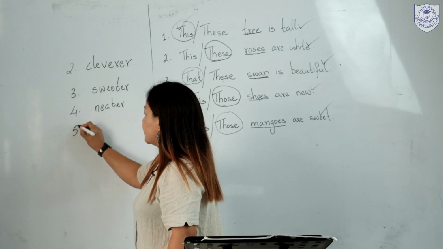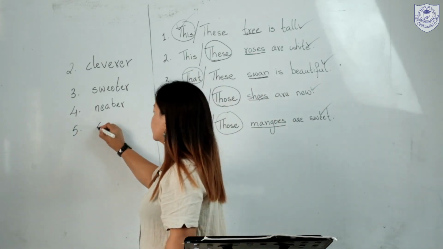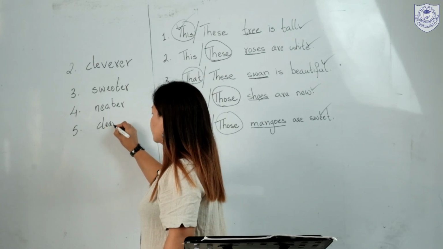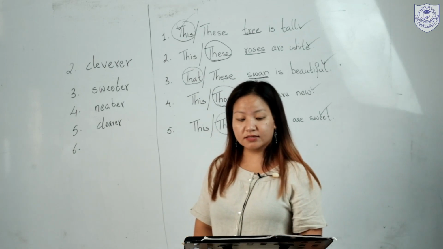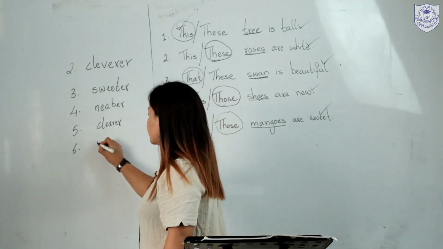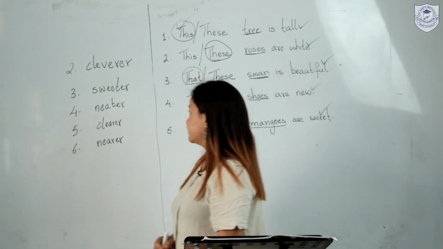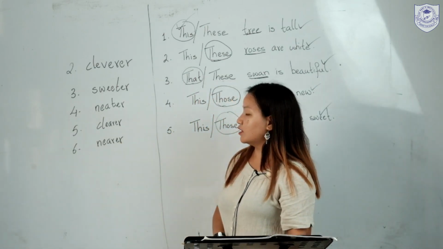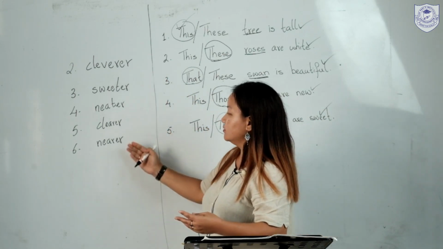And then number 5, clear, clearer. Number 6, near, nearer. Okay? So, cleverer, sweeter, neater, clearer, nearer.